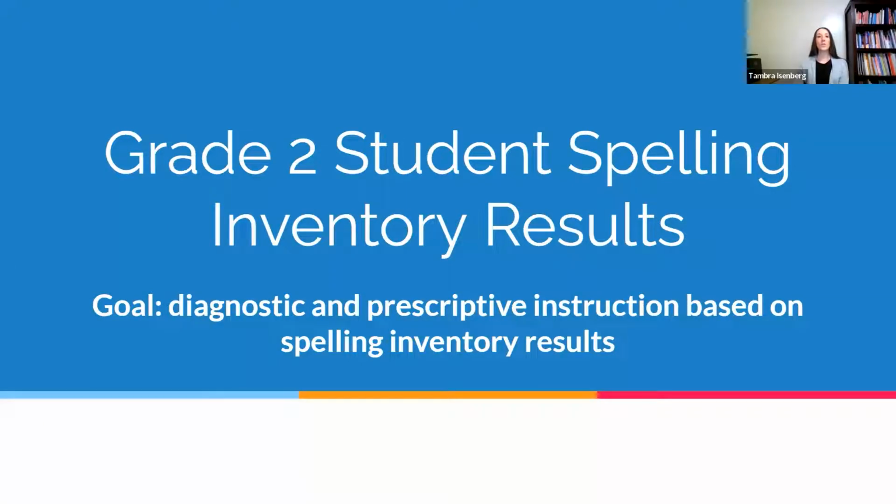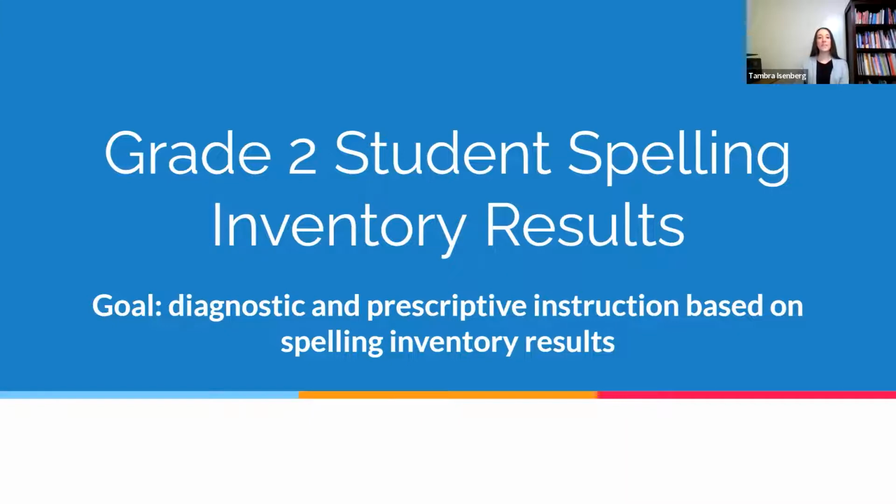So we are going to look at sample spelling inventories, as Erin said, for second grade at the beginning of the year. Some things to think about as you're doing this is to remember to be really diagnostic and prescriptive in our instruction, because as Erin said, we want to do something with the results. It should be informing our instruction.